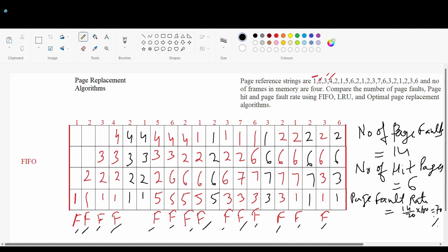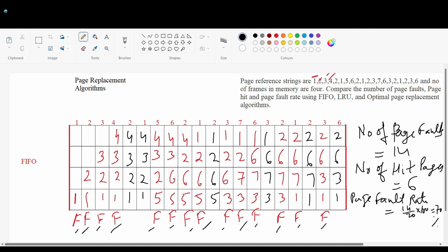5, now we need to replace a page. Clear? So which page should be replaced? The page that is not used for a longer period of time will be replaced by 5.